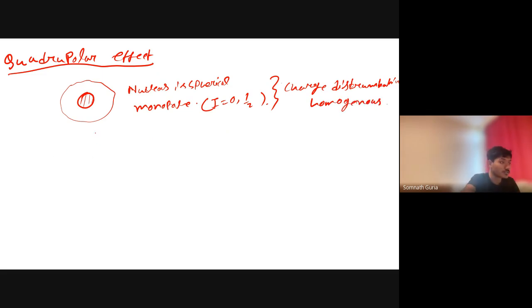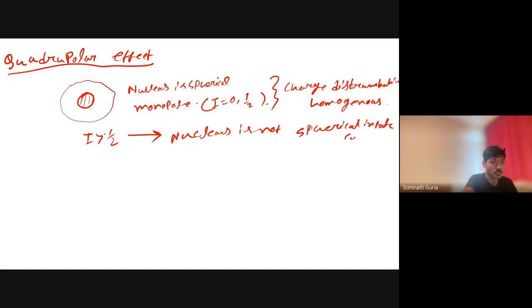Now if I is greater than half, what will happen? In that case, the nucleus is not spherical. So it should be like this, not the spherical one, and there is surrounding electron density over here.